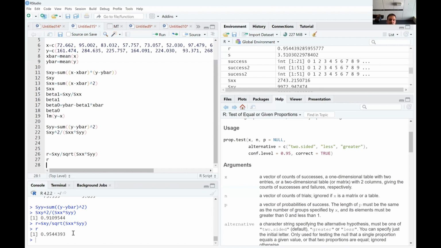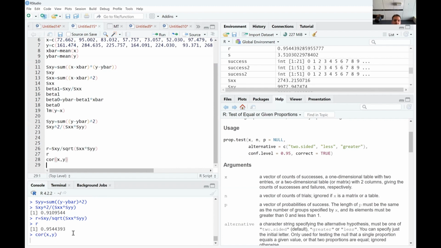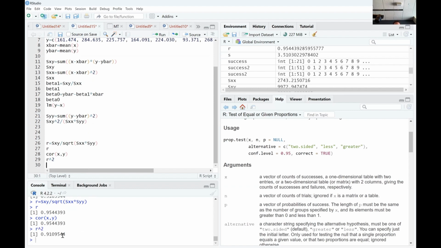That should be the same thing that I get if I plug x and y into the correlation command. And indeed, I get the same thing via COR. And if I square this, I should get the R squared statistic that I found previously, which was 91.1%. And there it is. Okay.